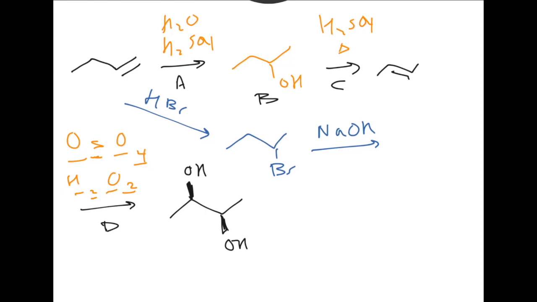So again, sometimes there are multiple ways to do things. Let's say on the exam, I had this as a reagent, but then I didn't have the alcohol as the product. But I had the HBr, the 2-bromobutane, and the sodium hydroxide.